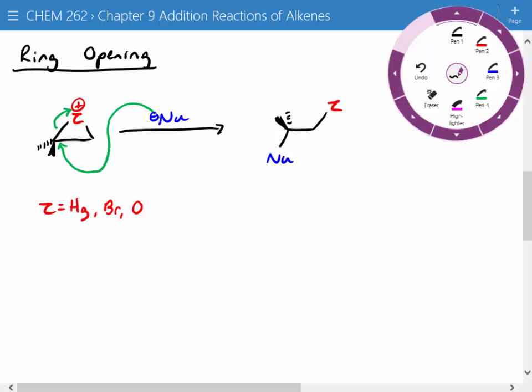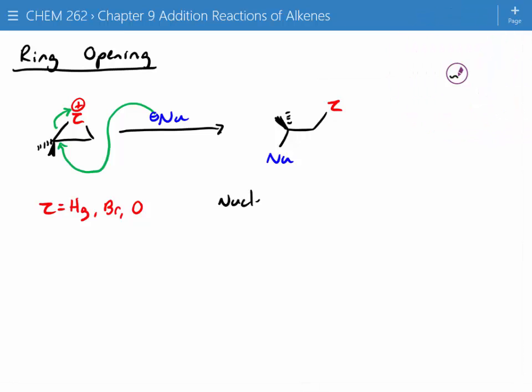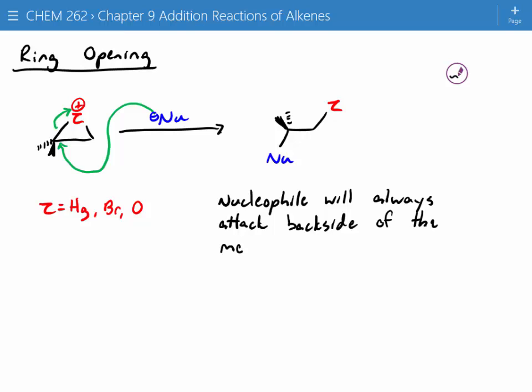let me change to black, the nucleophile will always attack the backside of the more hindered carbon, or the more substituted carbon, if Z has a positive charge.